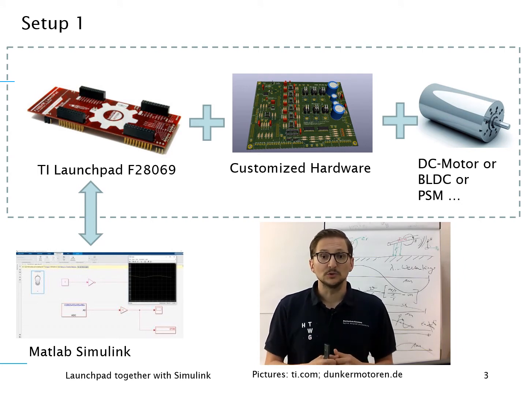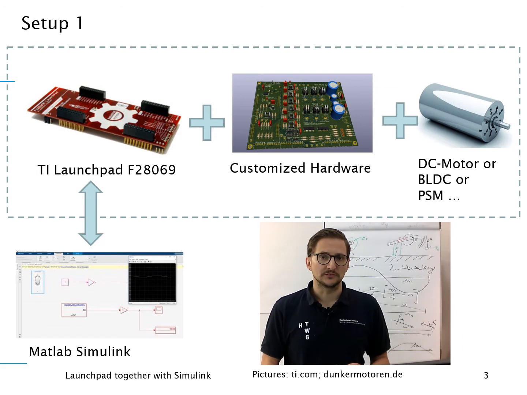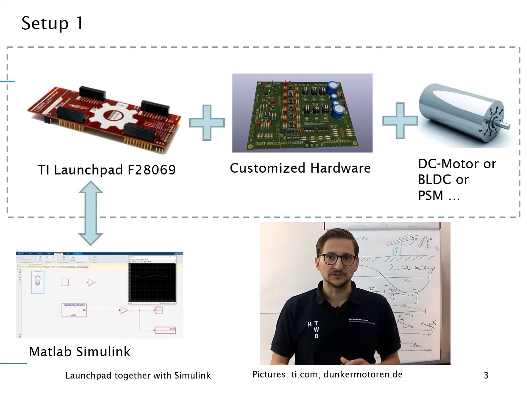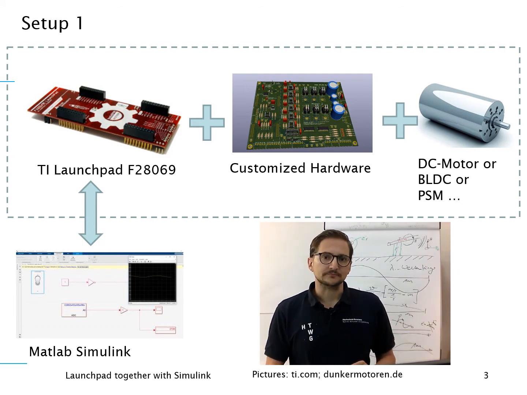In this example, you have seen I logged the shaft speed, desired speed, and so on. And we can also change parameters. And this is a really helpful feature, because as the motor is running, I can change PID parameters, I can change the gain of the step response, and evaluate how the motor, together with this setup, with this controller, reacts.